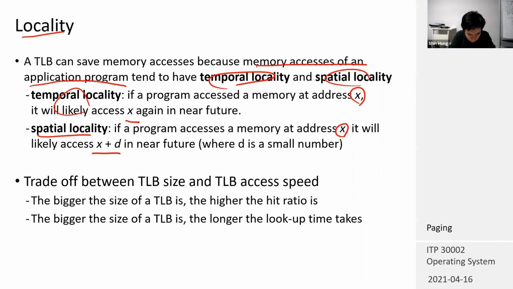Another issue I want to remark on before moving on is that there is a trade-off between the size of the TLB and TLB access speed. Why? Because the TLB is implemented at the hardware level.